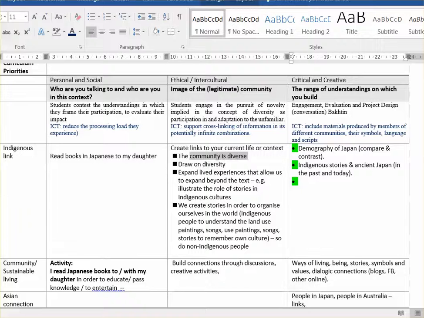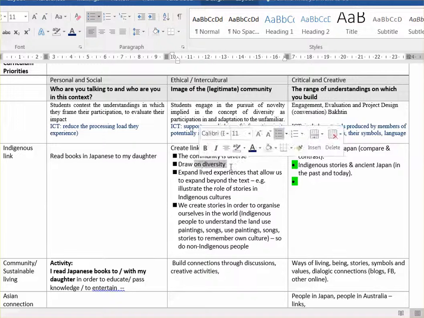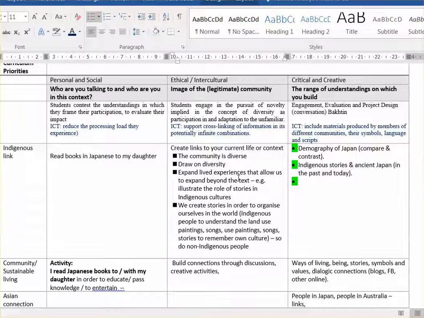So community is diverse. We need to draw on the diversity because it's not only intelligent, it's also fun. Right? It is all about play, but it's about an intelligent play. We need to expand children's or students' lived experiences, go beyond the singularity of one text.